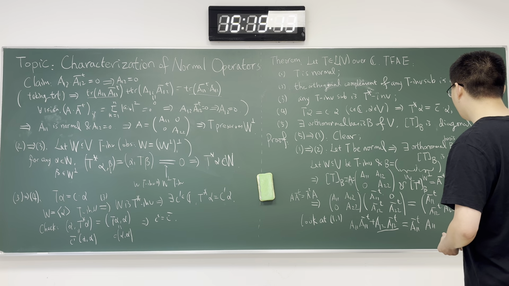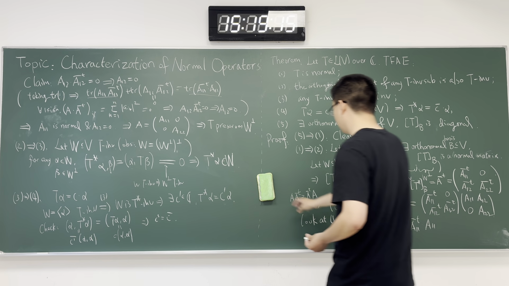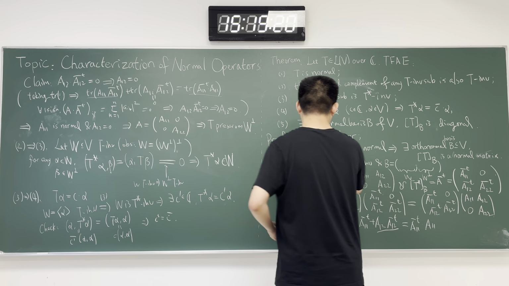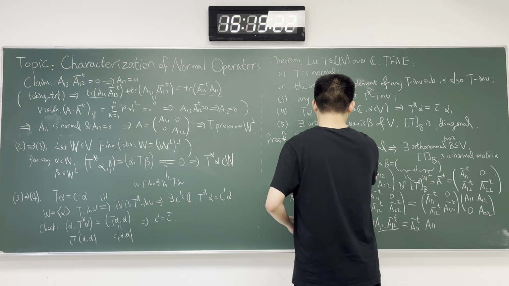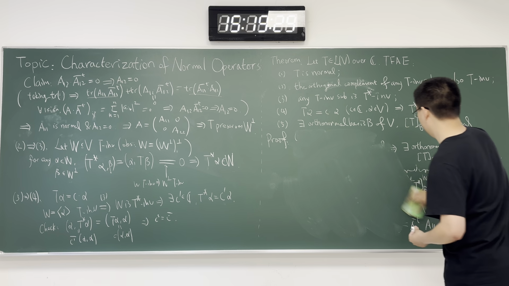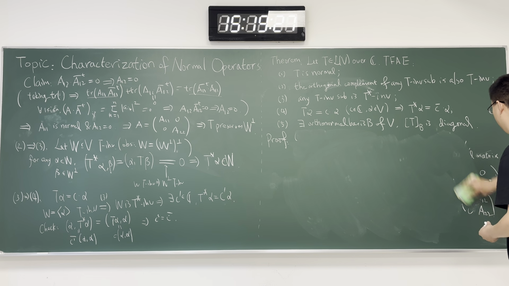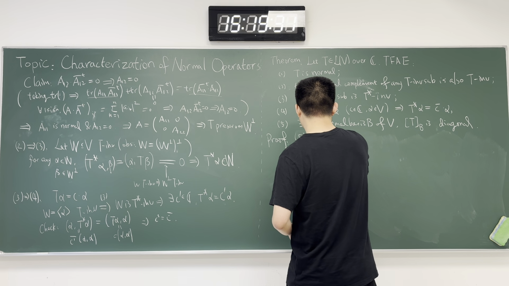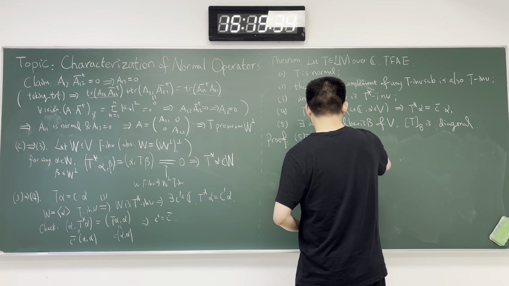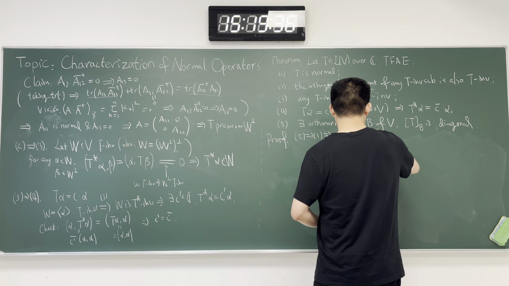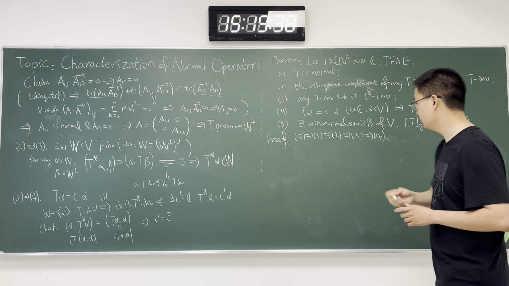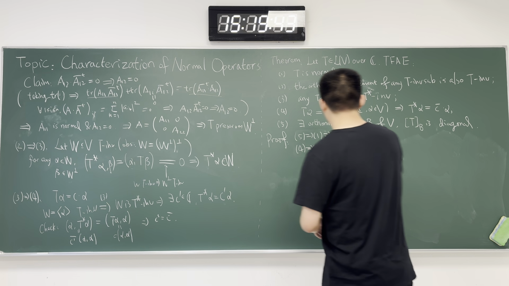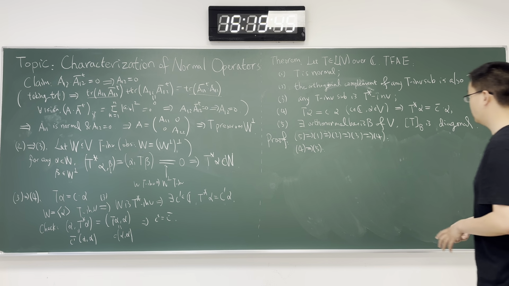Then, what about the last one? So far, we have shown that 5 implies 1, implies 2, implies 3, implies 4. And now we are going to check that 4 implies 5.